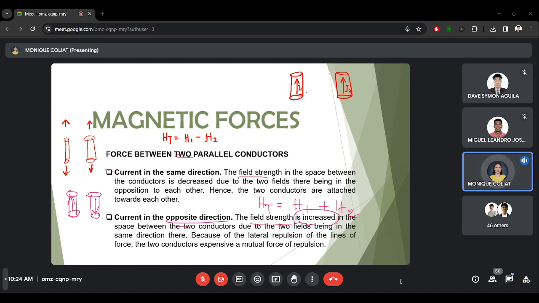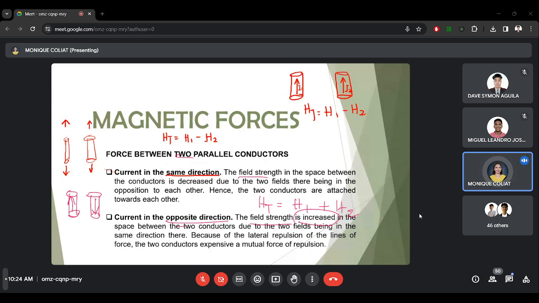So, I1 and I2 are the currents flowing in the same direction. If you're gonna get the total field strength, you will use this formula, decrease. That's why it's gonna be H1 minus H2, the field strength of the first conductor minus the field strength of the second conductor. Okay, so that is for same direction of current.